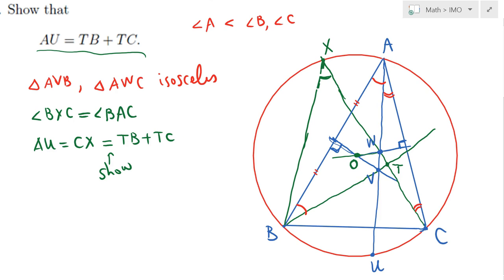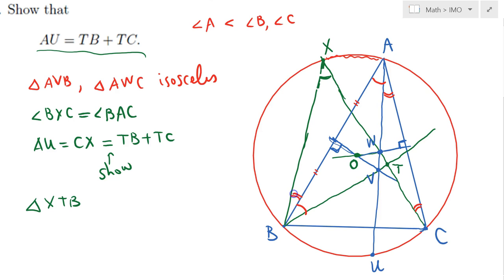The crux move now is to observe that if you focus on triangle XTB, we have already established that angle BXC is equal to angle BAC. But then, if you also focus on angle XBA, this angle subtends the minor arc XA, but that arc is also subtended by angle XCA.